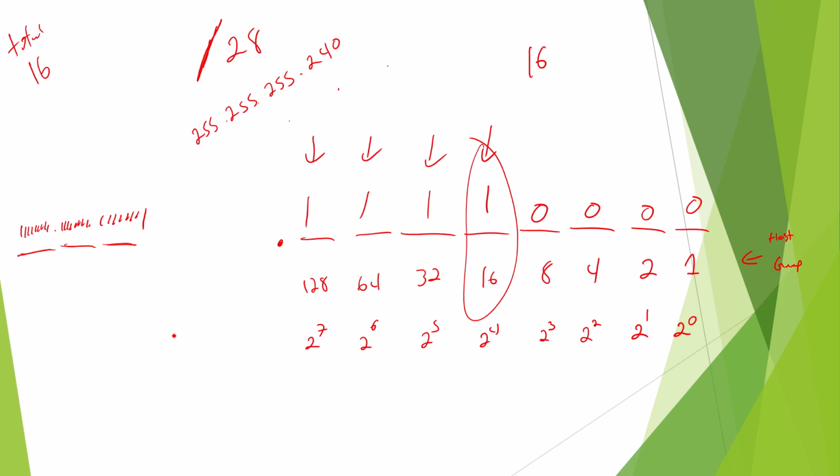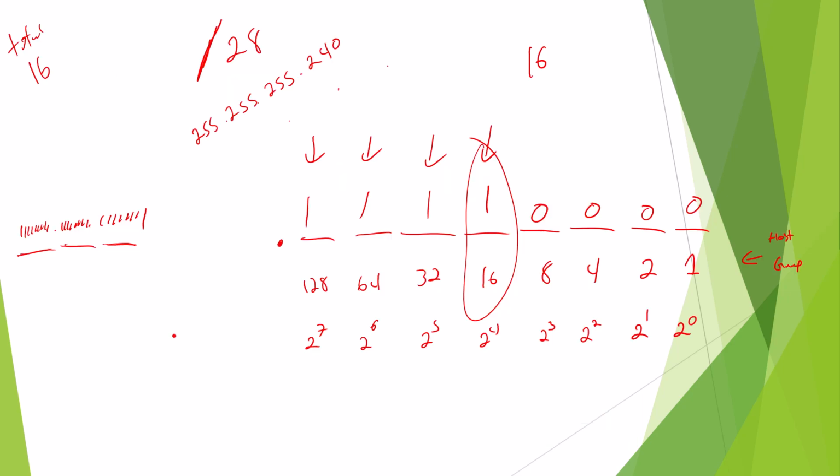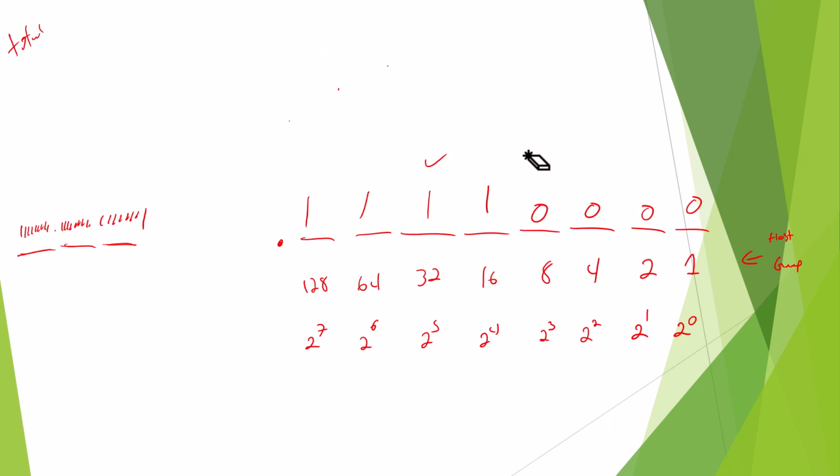All right, so last network is our interconnect with 4. Let's get these erased and run through the problem one more time. Total hosts of 4. 1 doesn't, 2 doesn't, 4 does. That's a /30.